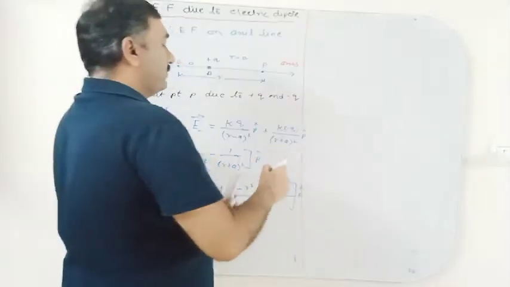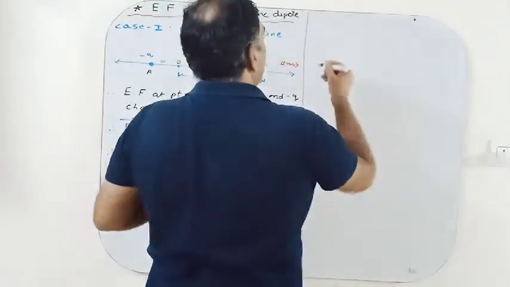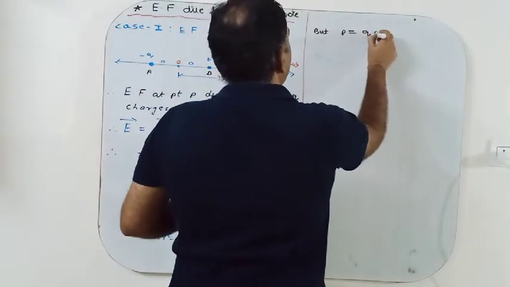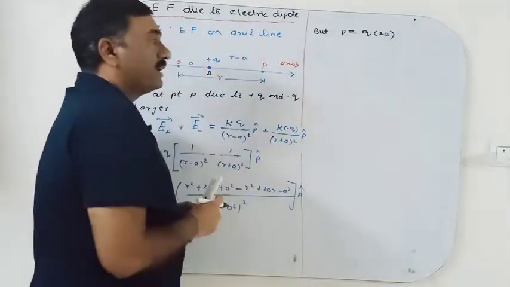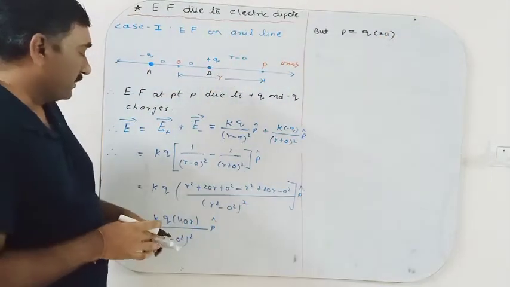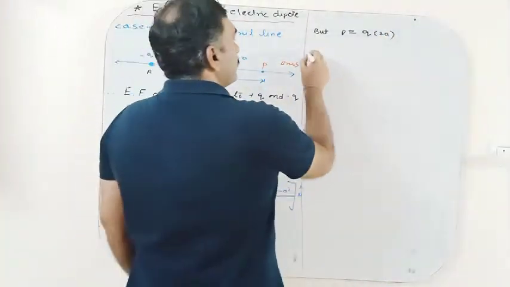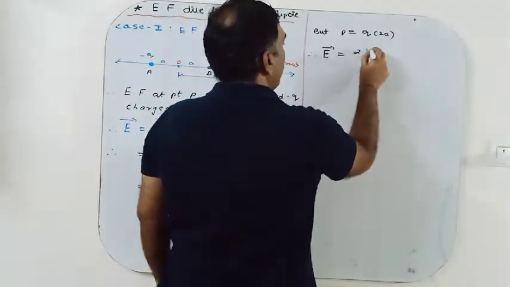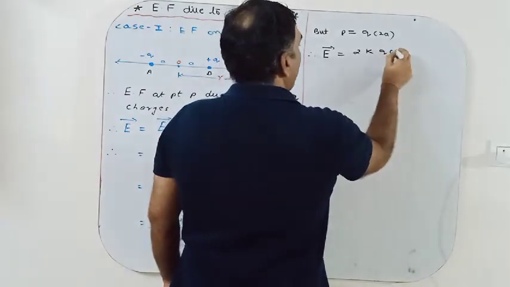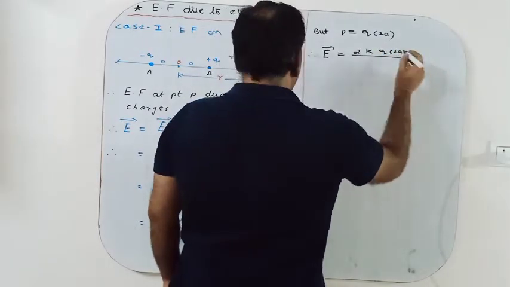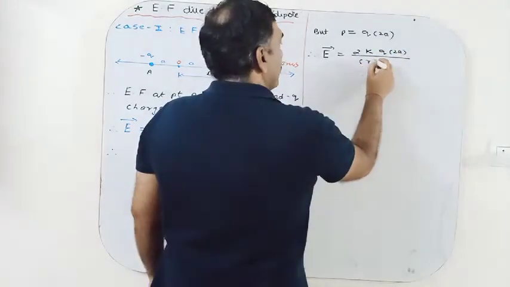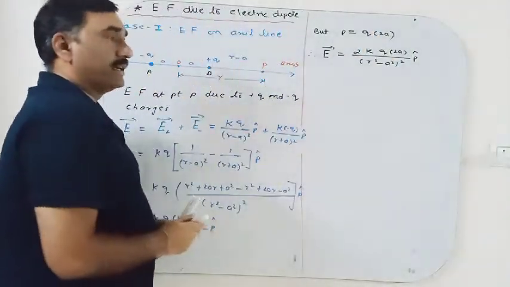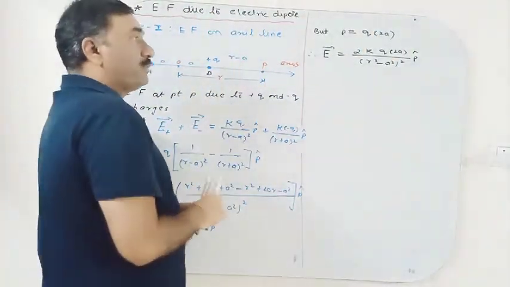But we know that the dipole moment p is equal to q into 2a. Simplifying this, the electric field E is equal to 2kq into 2a times r upon r square minus a square whole square, in the direction of p caret, and q into 2a is the dipole moment.